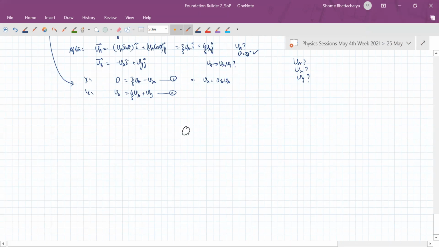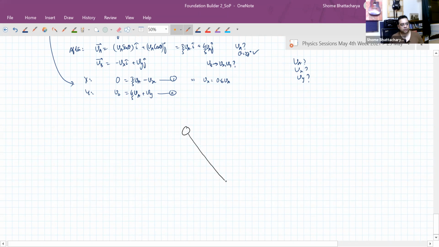So what's happening just after the string has become taut? At that moment, A is having a velocity directly towards B. But B is having one component of velocity like this, and one component of velocity like this, such that you can also see that with respect to this line AB, this angle is theta.